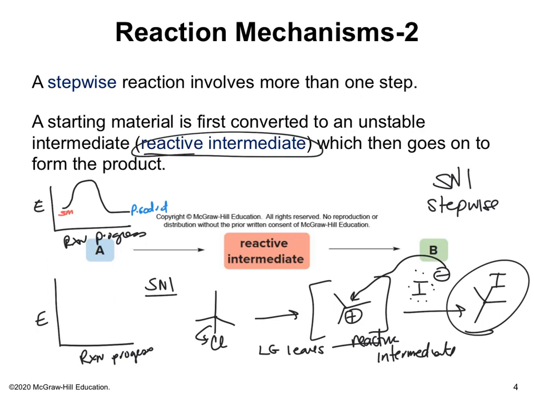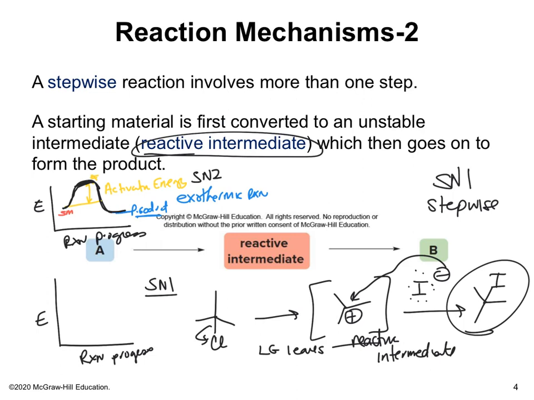Hopefully you can see that that's an exothermic reaction from Gen Chem, because your product is lower in energy than your starting material. And then this is your activation energy. To get to that top, you just have this one hill to overcome. Just one, and this is an SN2 reaction energy diagram.